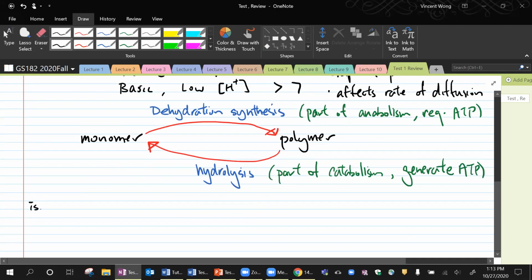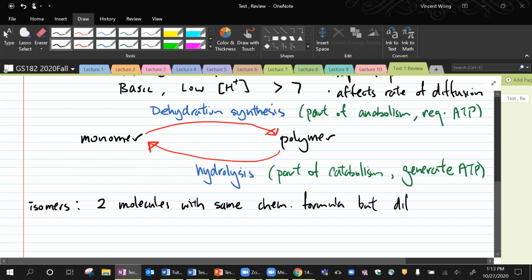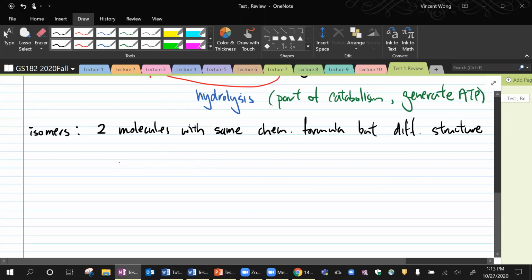So isomers are basically two molecules. Isomer is not really related to this, it's kind of like the earlier stuff. Two molecules with the same chemical formula but different structure. For example, let's say this molecule.